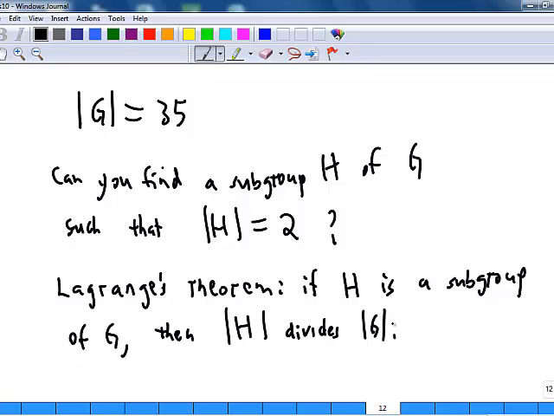Answer is no, because the size of H is 2, the size of G is 35. So 2 doesn't divide 35. So answer is no. No way.